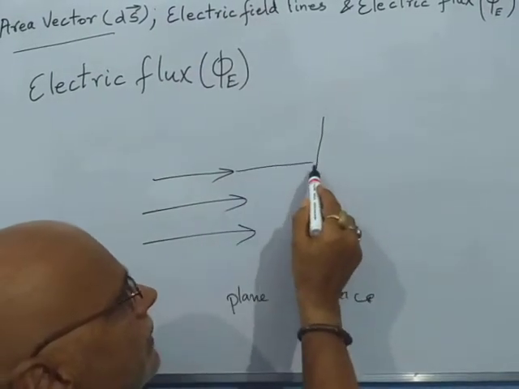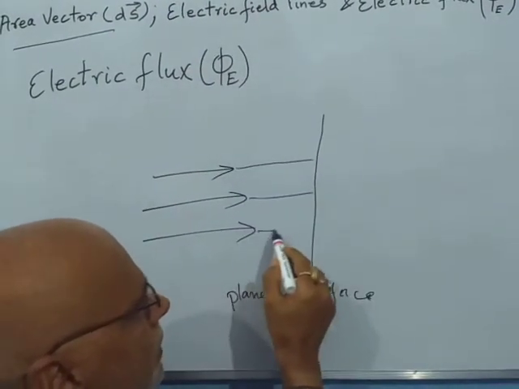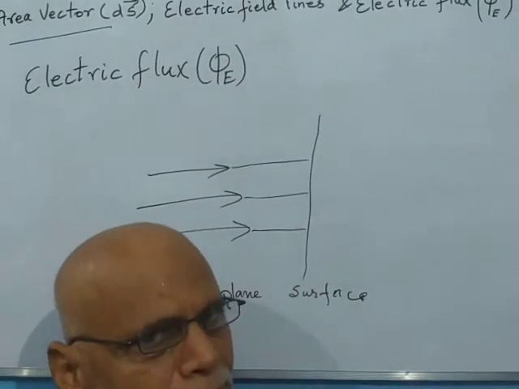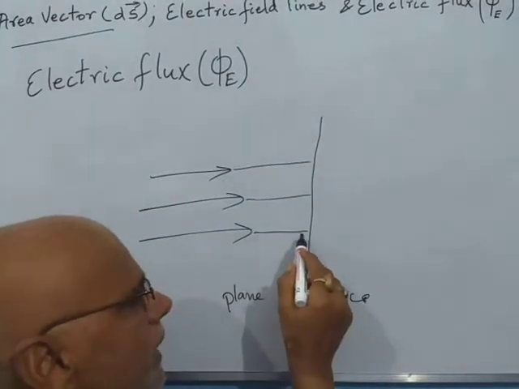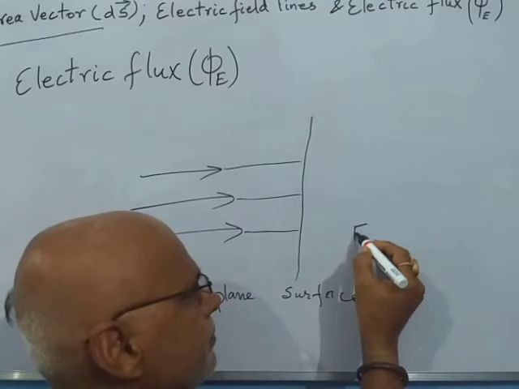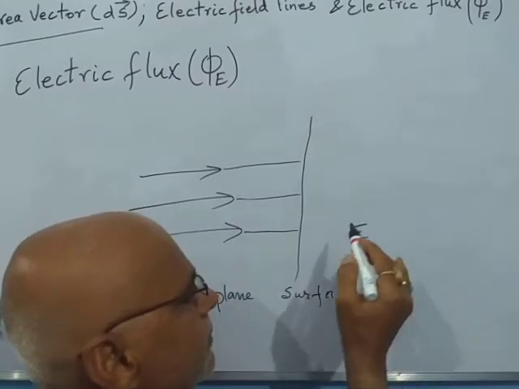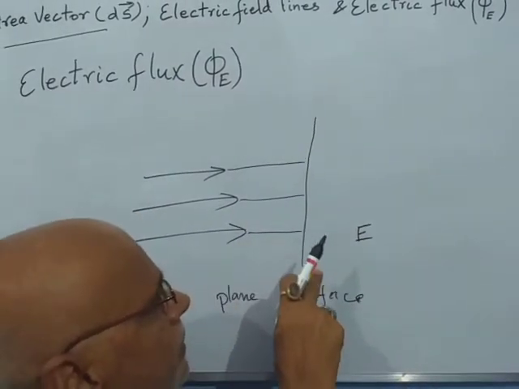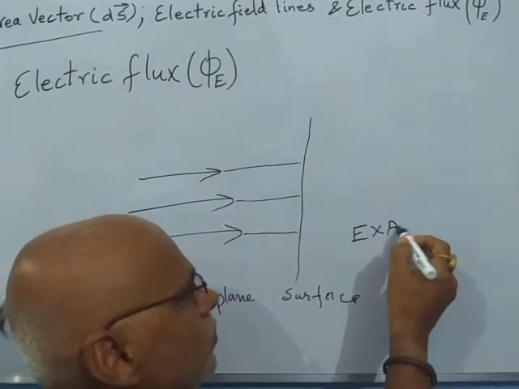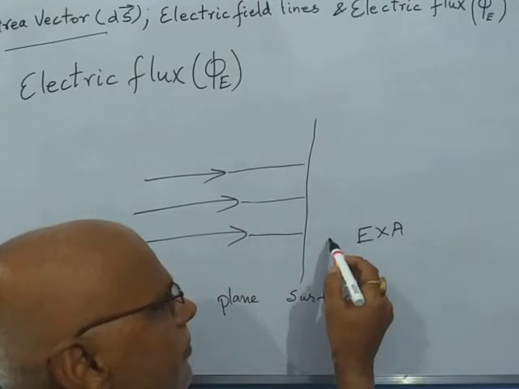All the field lines are passing perpendicularly through the surface. That means whatever is the electric field intensity at this location, that number of electric field lines into the area of the surface will be the electric flux for this case.